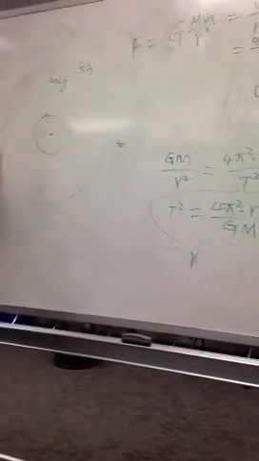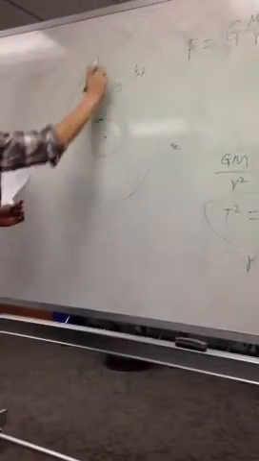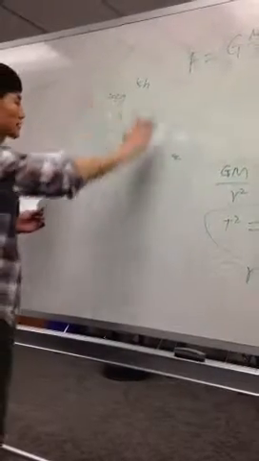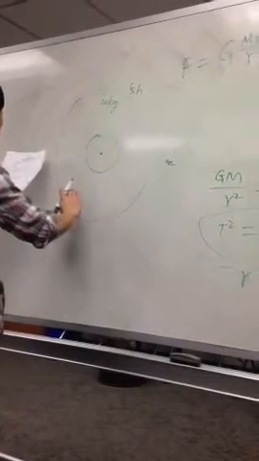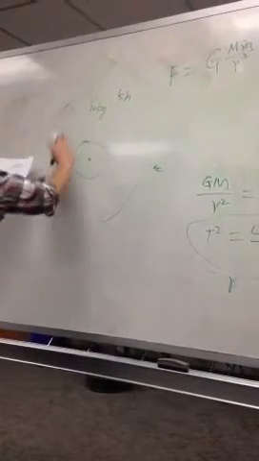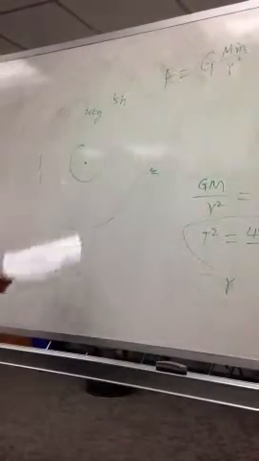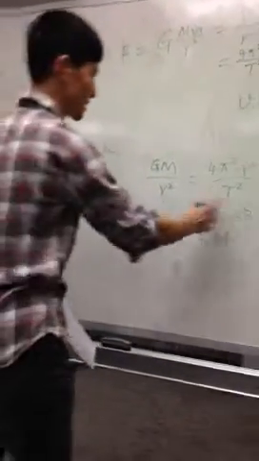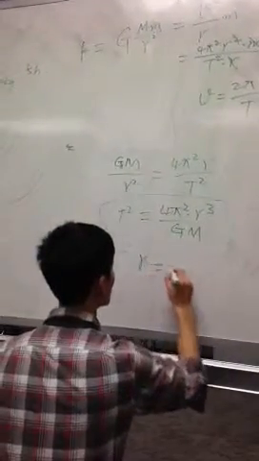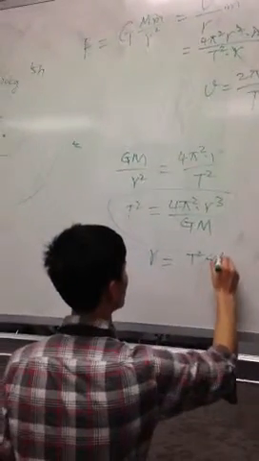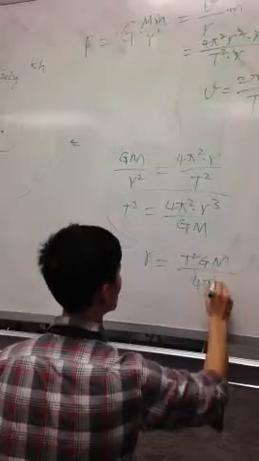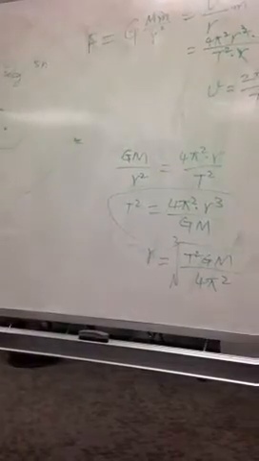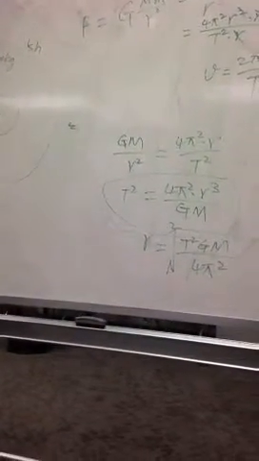For a given period, the r is fixed, right? If the satellite has a period of 5 hours, it's going to be at the same height, right? So from this you can calculate the r. R will be the cube root of T squared GM divided by 4 pi squared, right?